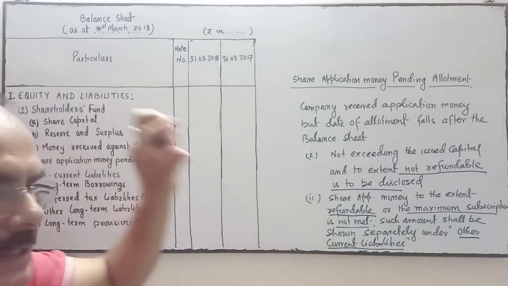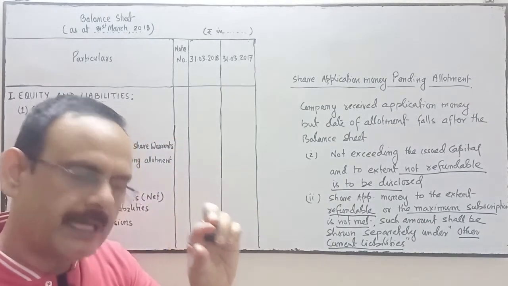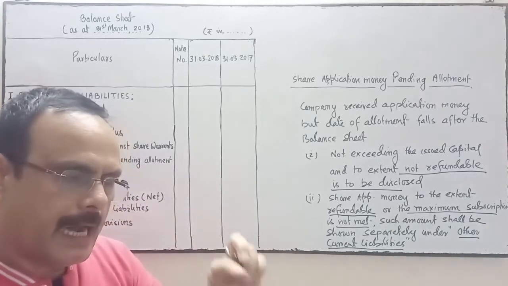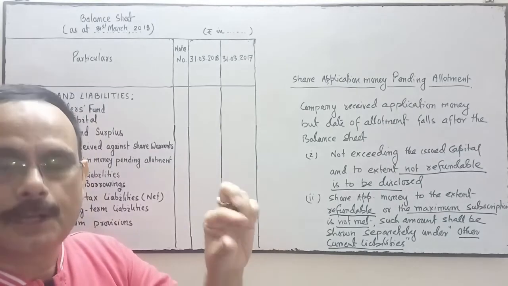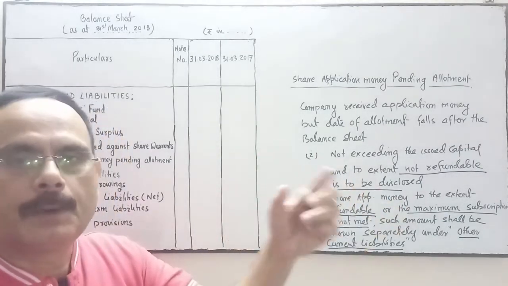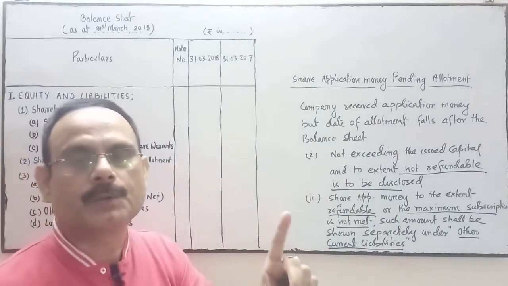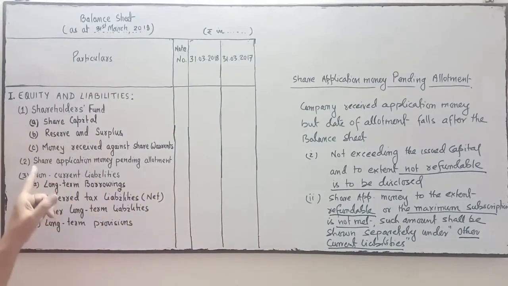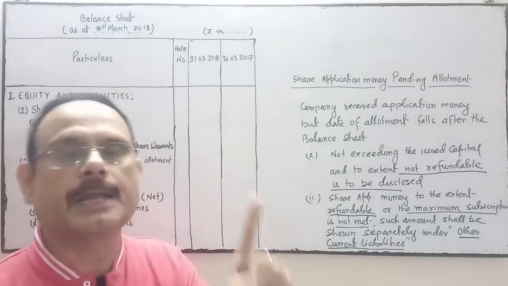If the application money received from the applicant by the company is not allotted, if the shares will not be allotted, this will be refunded, then that amount will not be reflected over here. That will be reflected under the current liability.